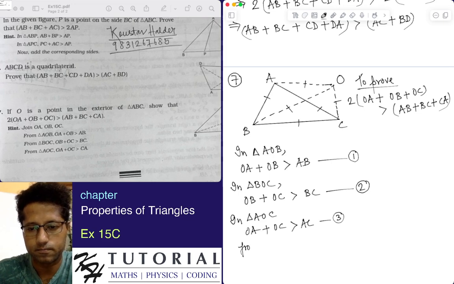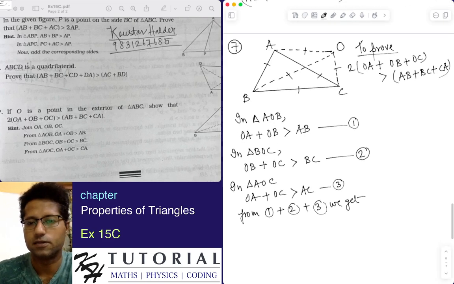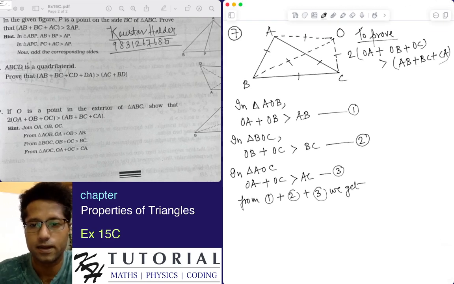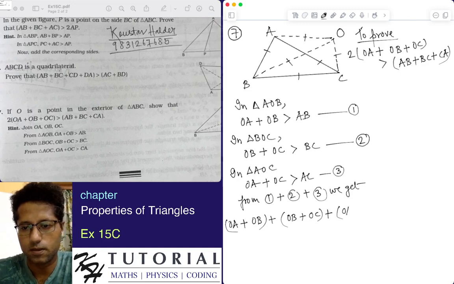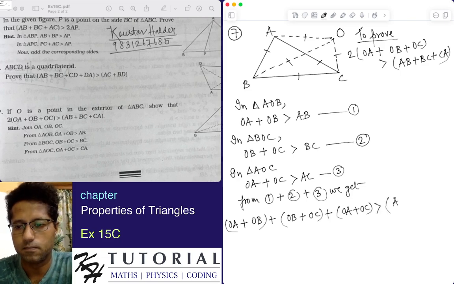Now if we add up all the three inequalities, that is, we add up the corresponding left hand sides and right hand sides, we get OA plus OB plus OB plus OC plus OA plus OC greater than AB plus BC plus CA.